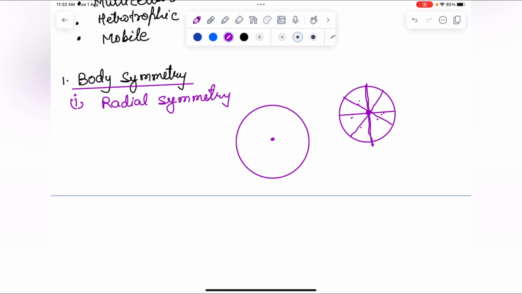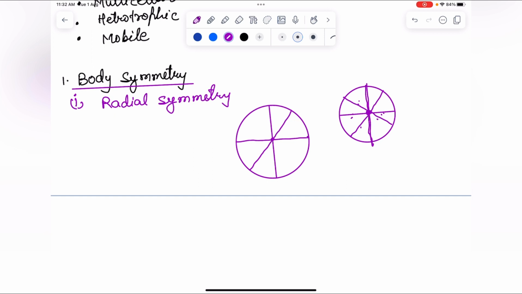If I cut from here, passing through the center, it is divided into two equal halves. If I cut from this side, passing through the center, it will again be divided into two equal halves. So this is called radial symmetry.